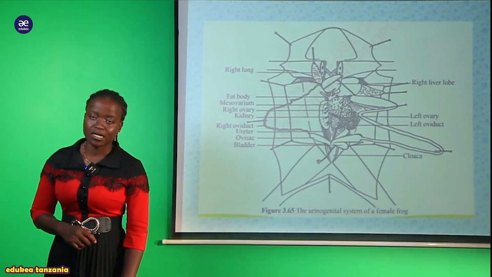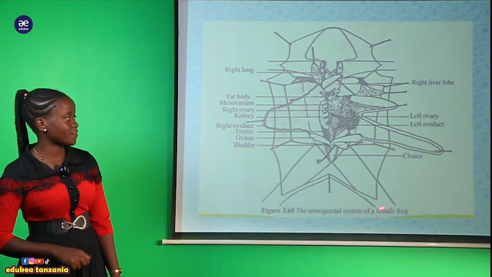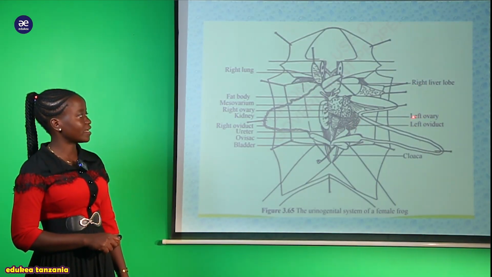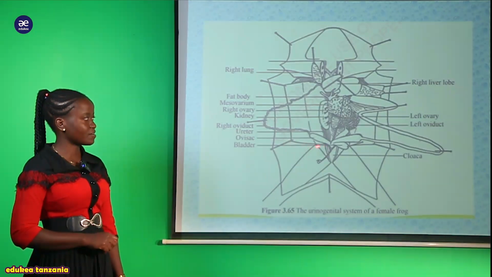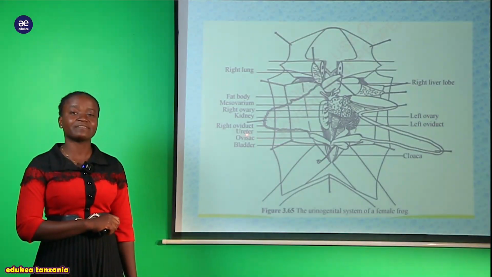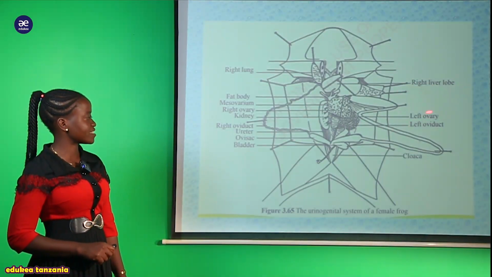But my student, now this is the structure that shows the urinogenital system of the female frog. As you can see here, this one the left ovaries and the right ovaries. Also, we have left oviduct and the right oviduct. But also we have the livers. This is obvious.